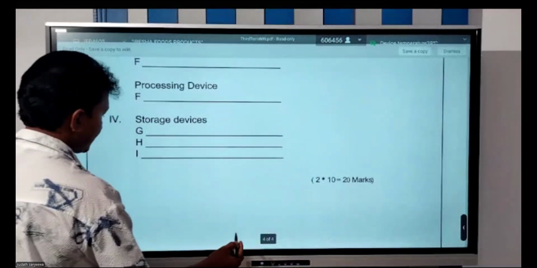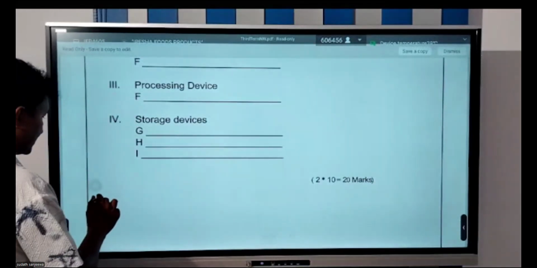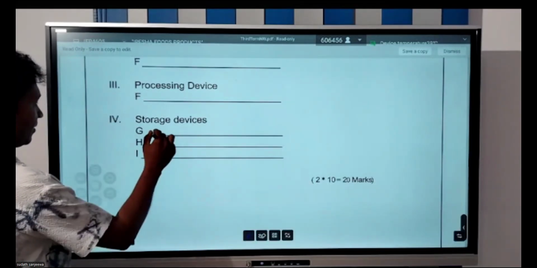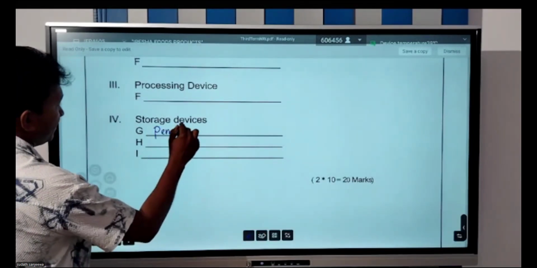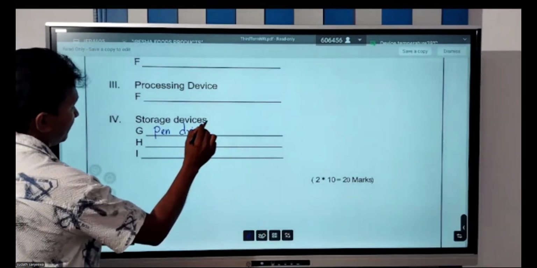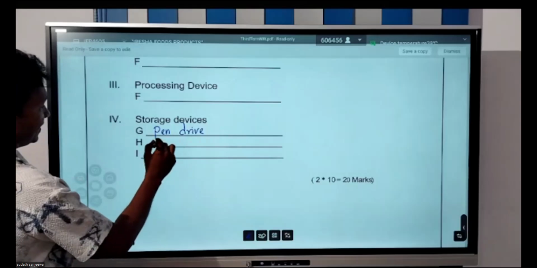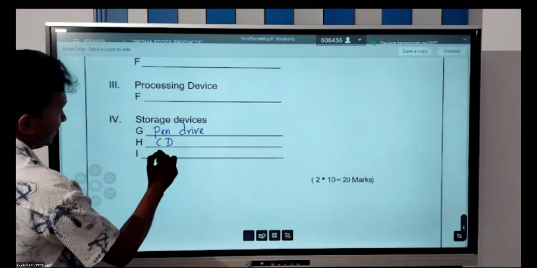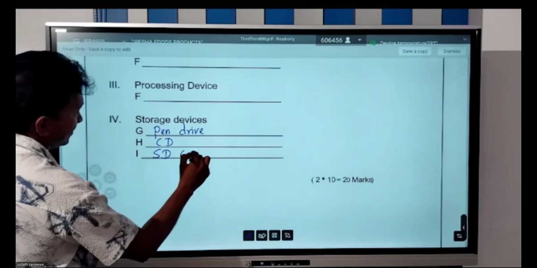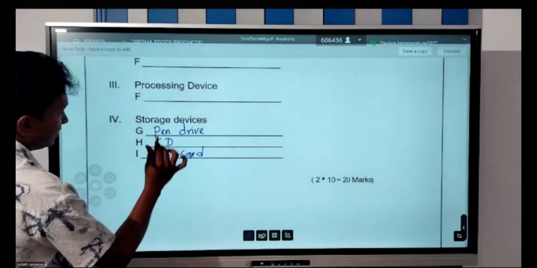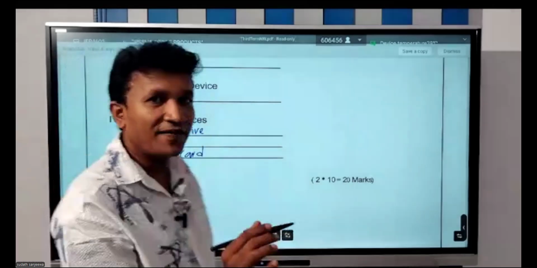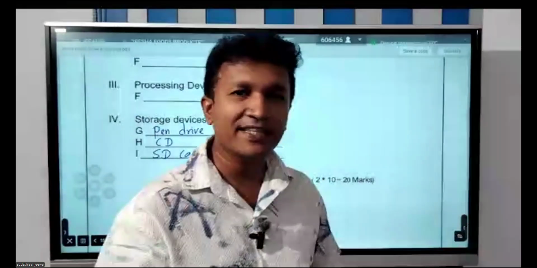Storage devices. What are the storage devices? Pen drive, CD, SD card. The main storage device inside the computer, what is that?